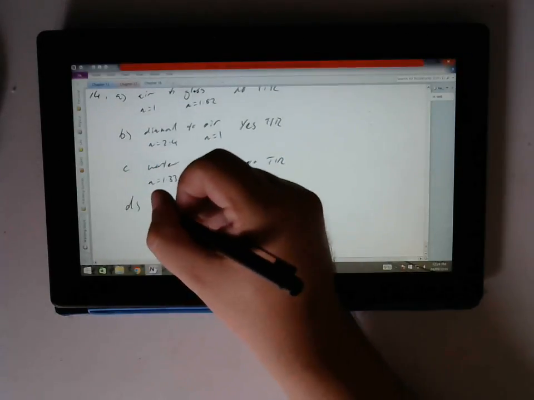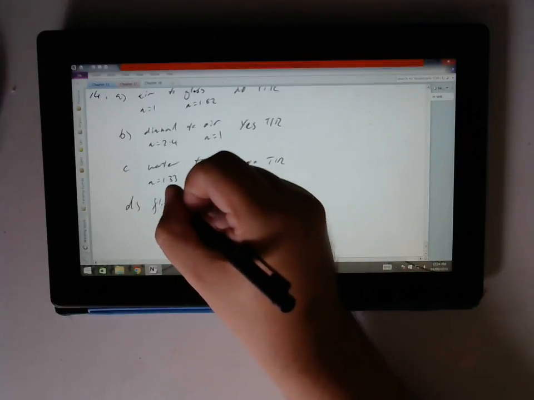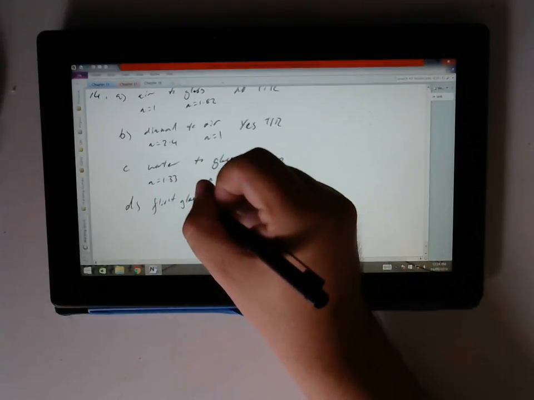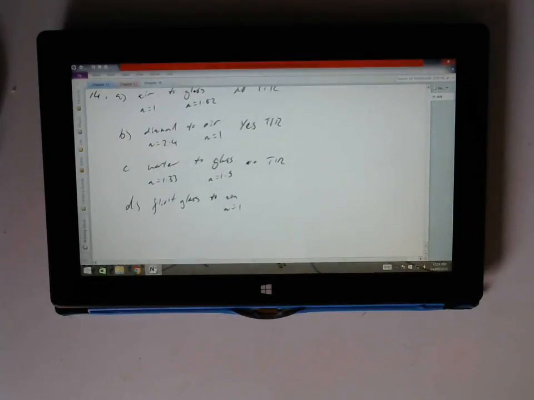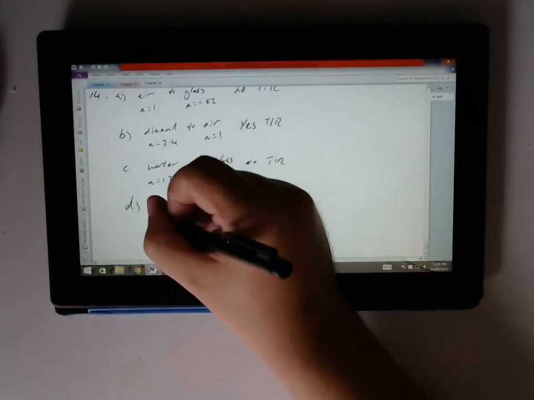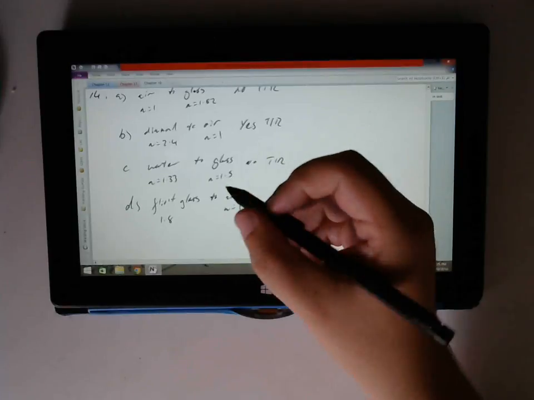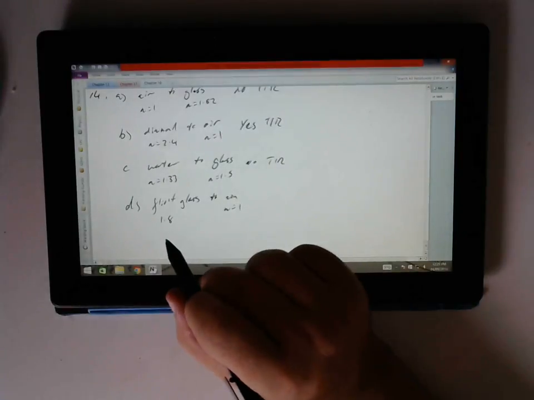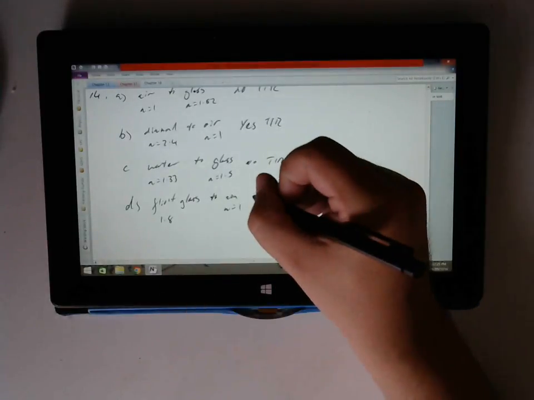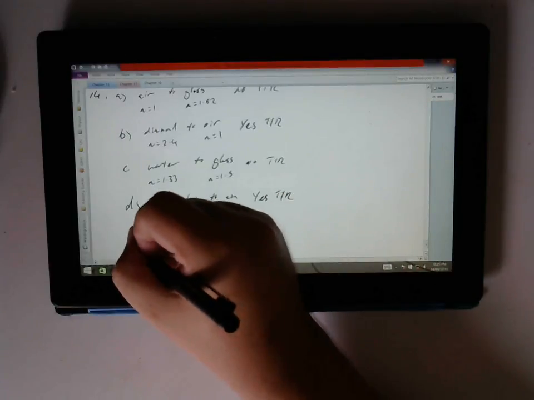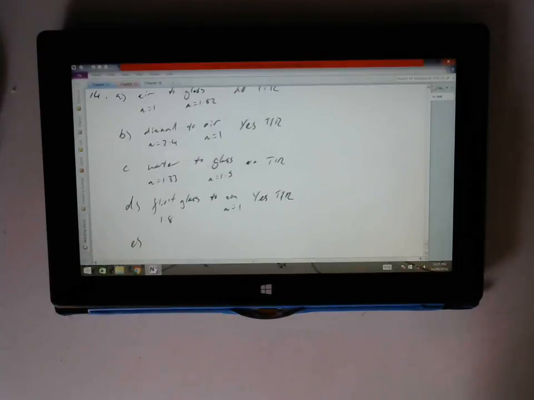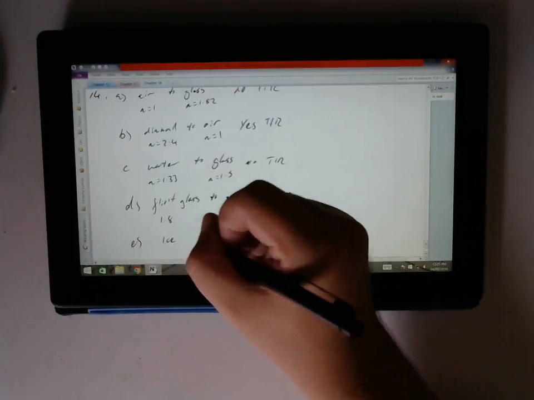D, flint glass to air, n equals 1. Let's just use the heavy flint glass we had before. That was about 1.8. Regardless of which, we can see it's going to go from a more dense to a less dense material. So yes, there is TIR. E, ice to a vacuum.